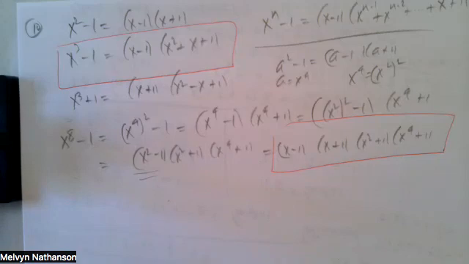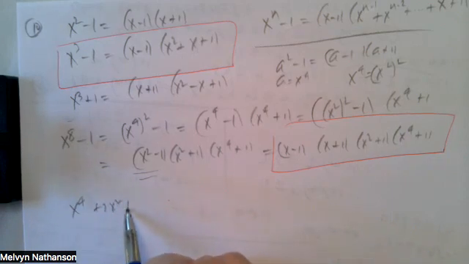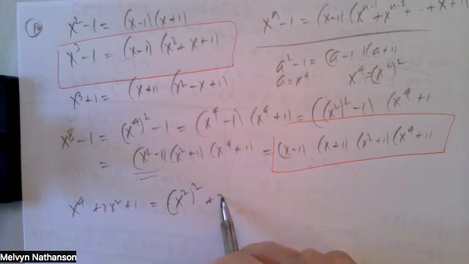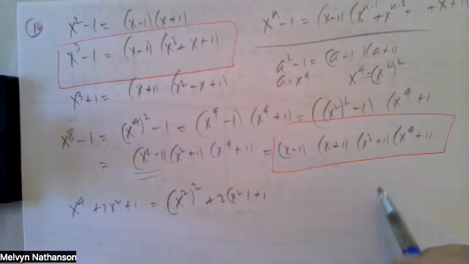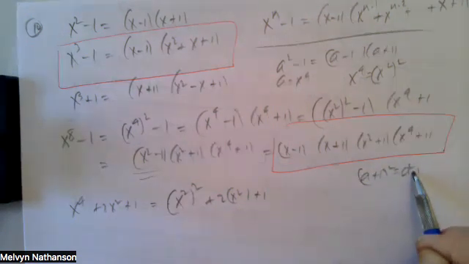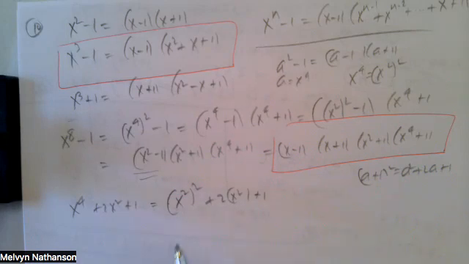Okay. What about x to the 4th plus 2x squared plus 1? You can look at x to the 4th as x squared squared, plus 2x squared plus 1. And you know that if you take a plus 1 and you square it, you get a squared plus 2a plus 1.